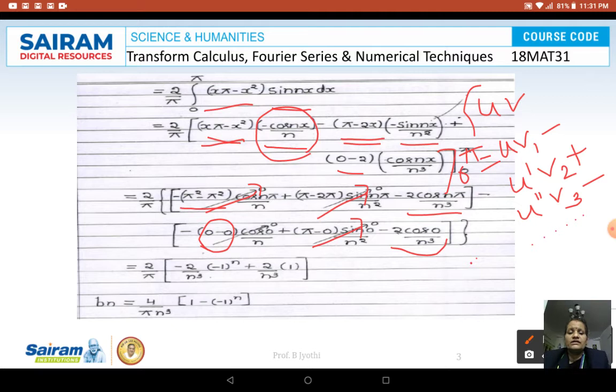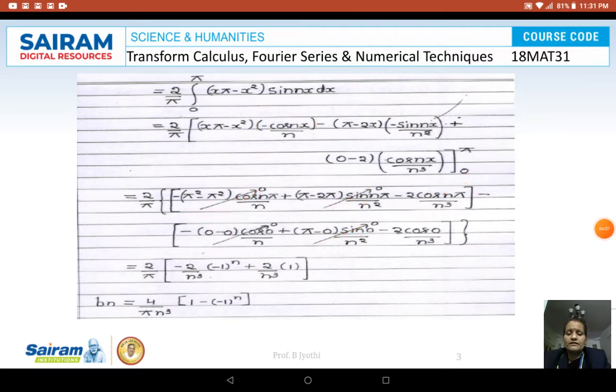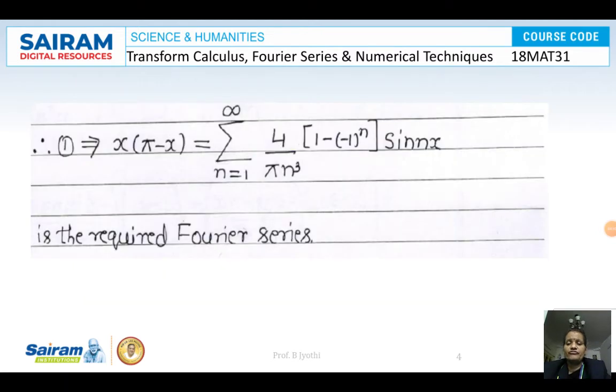And we know that cos n pi will be minus 1 power n and cos 0 is plus 1. 2 by n cube is common for both of them. When we take it out, it will be 4 by pi n cube, and open bracket 1 minus of minus 1 power n. This is what we will be getting as the value of bn. So which we need to substitute in the function f of x.